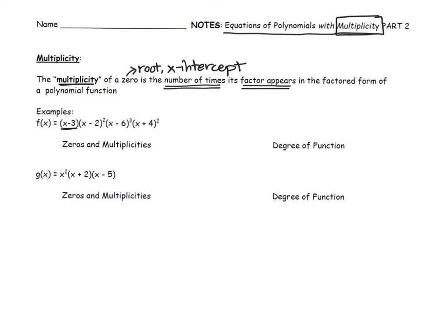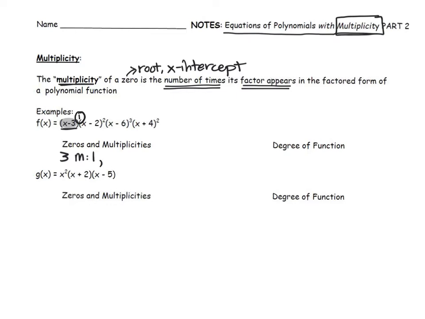So the zero is 3, and its multiplicity, I'm going to abbreviate that M, is the number of times that this factor occurs. And we determine that by looking to see if there's an exponent on the factor, because an exponent means that it appears more than once, it's repeated. This doesn't have an exponent, but that doesn't mean it's not there, it doesn't mean it's 0, it means it is 1. So this has a multiplicity of 1.